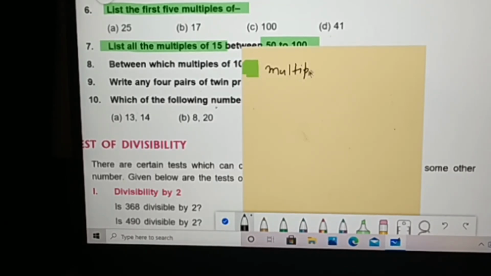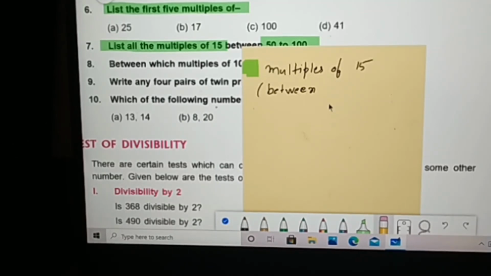So we write multiples of 15 which are between 50 and 100. Let's count. 15 3s are 45, then from 15 4s we start.